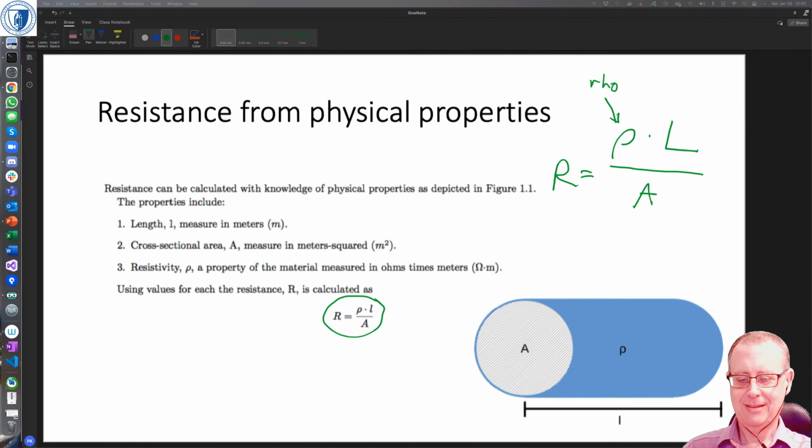And Jacob, do you have any thoughts on how you would go about figuring out the resistance of an Apatosaurus? Okay. Kyle, how about you?